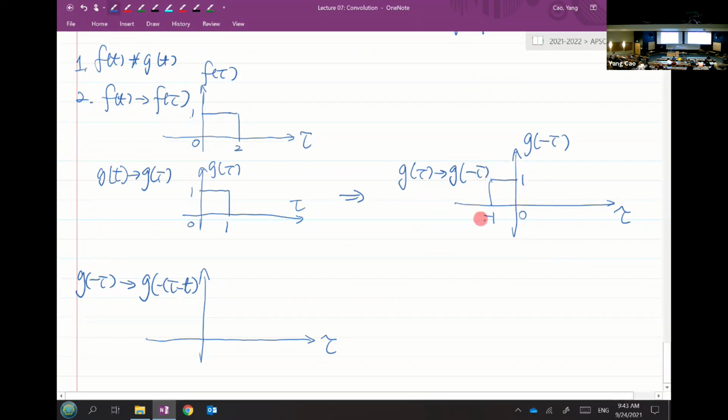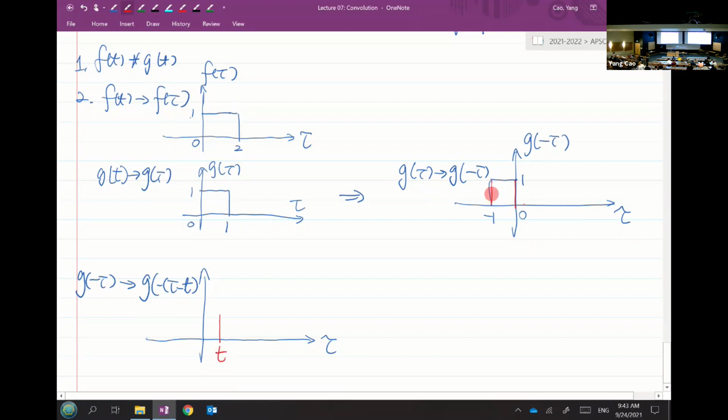All right, so we're shifting this graph, this box. We're shifting this box to the right, in this case, to the right by a t amount. Okay. So now when you shift, you have two edges for the box. So this edge goes to the right by t amount of a unit. The coordinate of this edge becomes t.